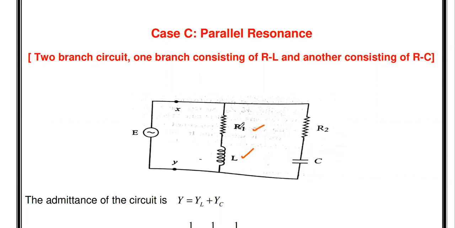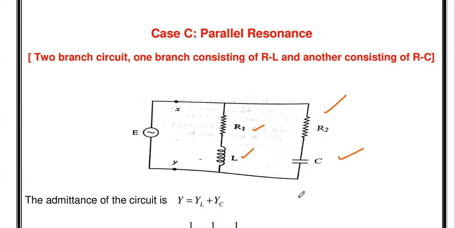This R1 indicates the power loss of the inductor, the series resistance of the inductor. Similarly, the series resistance of the capacitor is denoted by R2. So here L is in series with R1, and capacitor C is in series with R2. These two branches are in parallel with the applied voltage E. This is the third type of parallel RLC circuit.